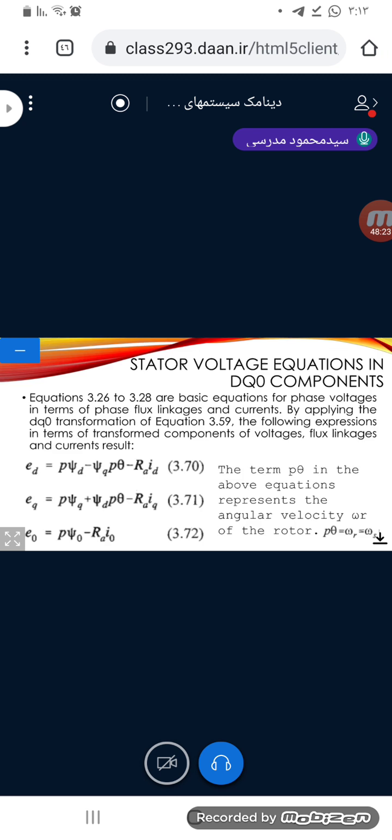Stator voltage equation in DQ0 components. Equations 3.26 to 3.28 are basic equations for phase voltage in terms of phase flux linkage and currents.